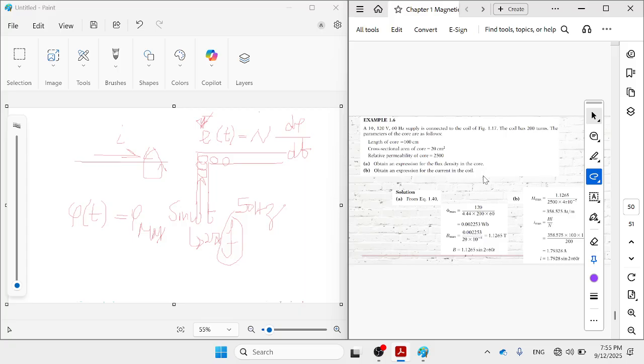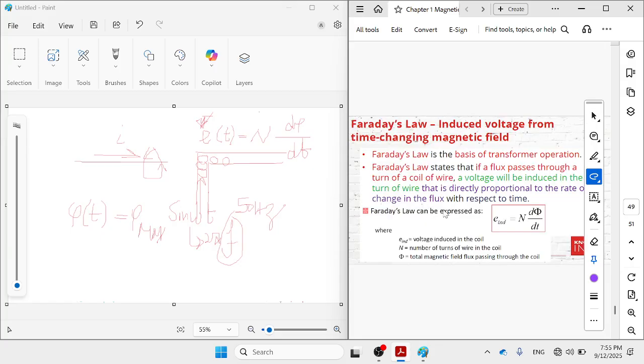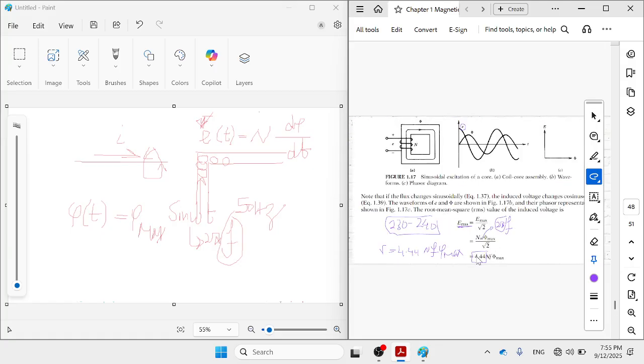So for this, we should consider and calculate Faraday's law in the case of phi max. Okay, phi max here is 120. How does 120 come? What is 120? It is the voltage. Okay, you can see phi max is here, ERMS, can you remember ERMS?